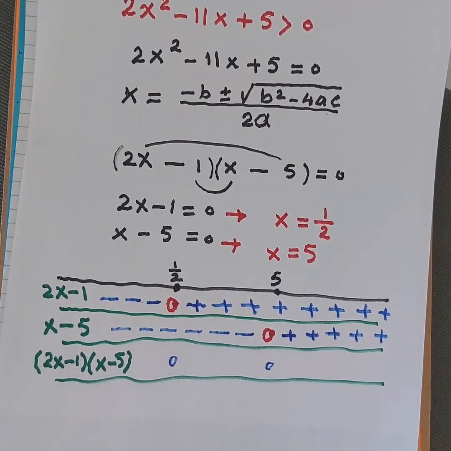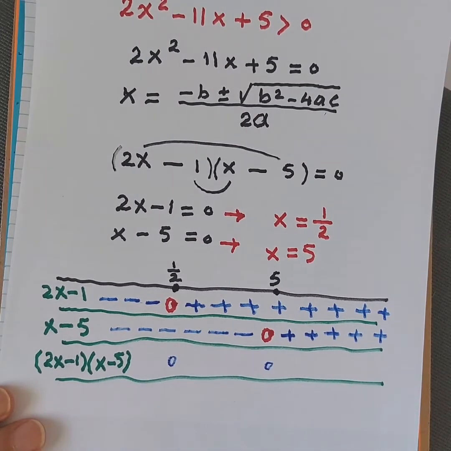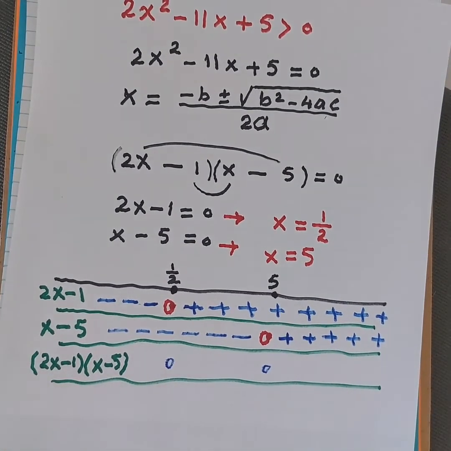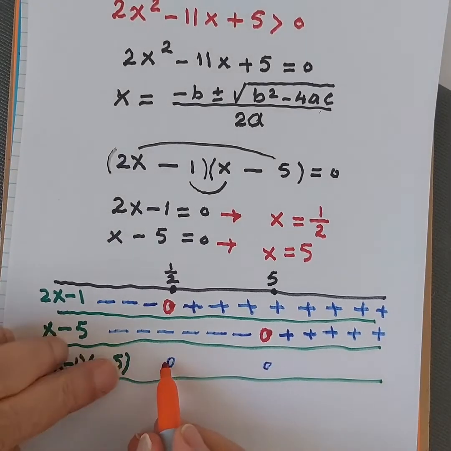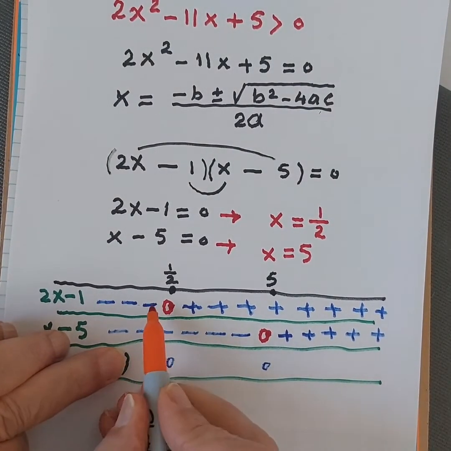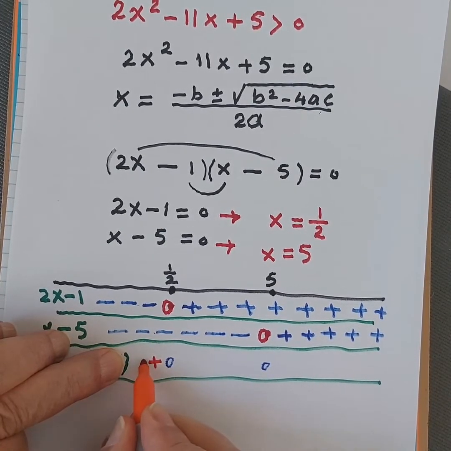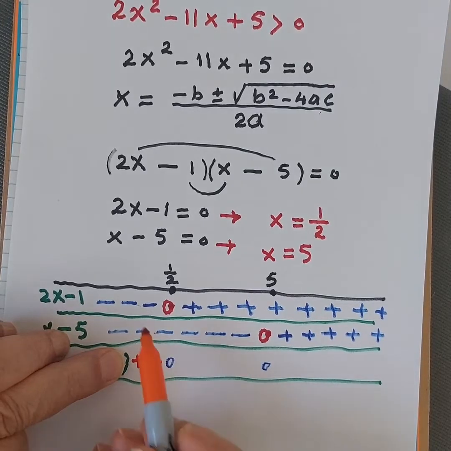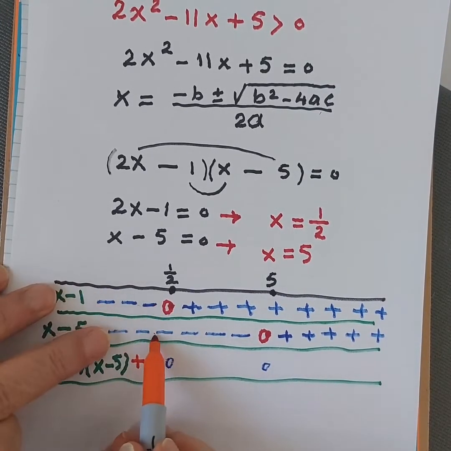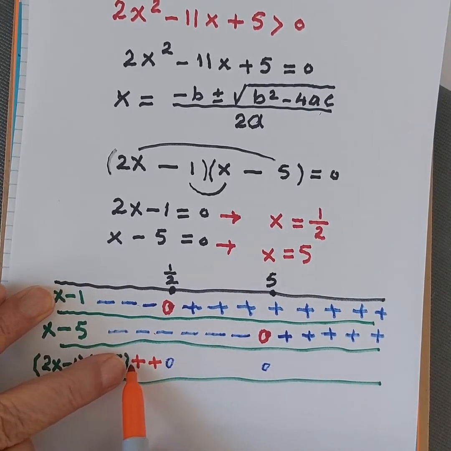What will the sign be for each one of those? For this interval, the result will be negative times negative, so it will be positive. You see, when you multiply negative by negative, you get positive.